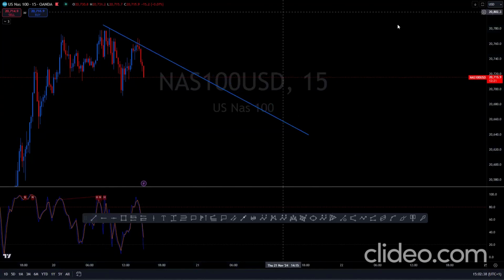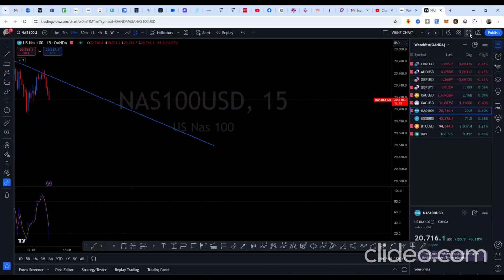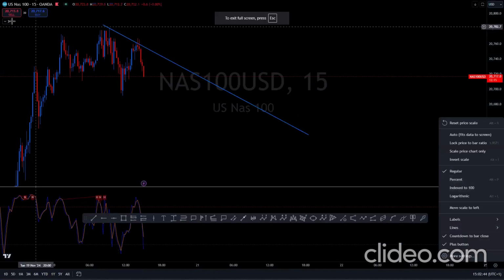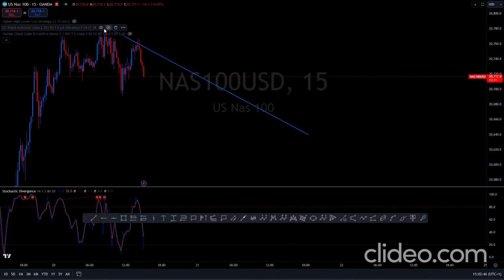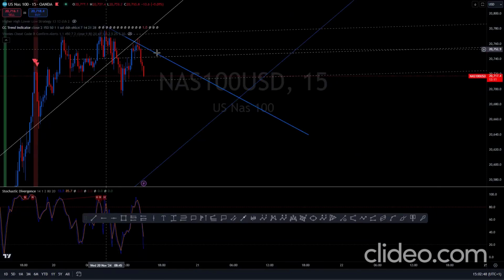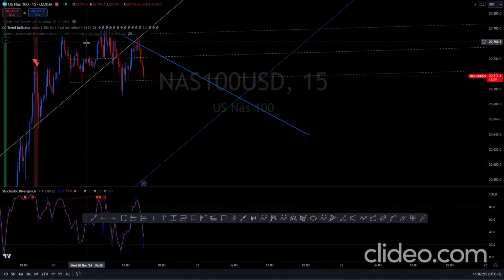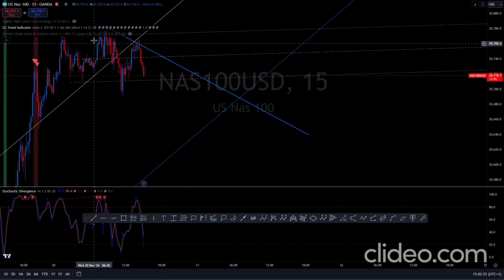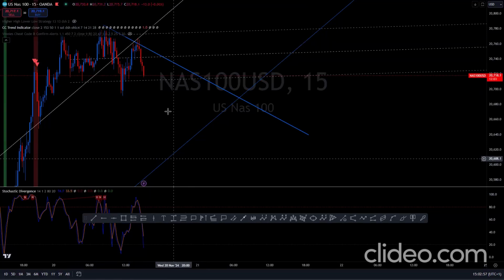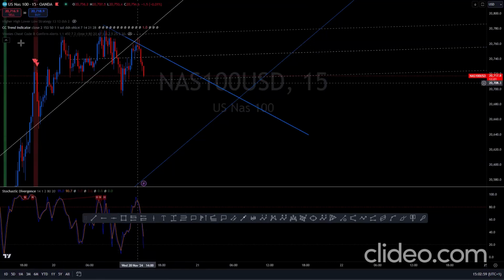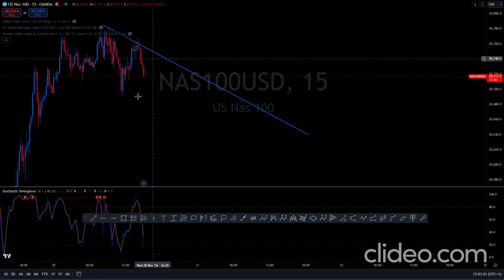So then we put on the CC trend. Looks like it's leveled out because it's been consolidating back and forth, which is fine. And actually, I might change my mind.